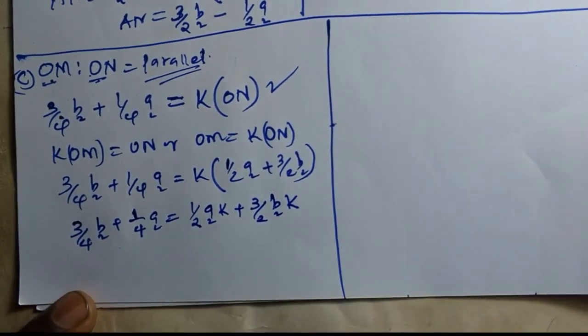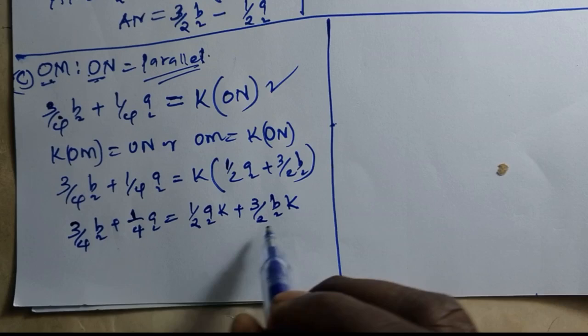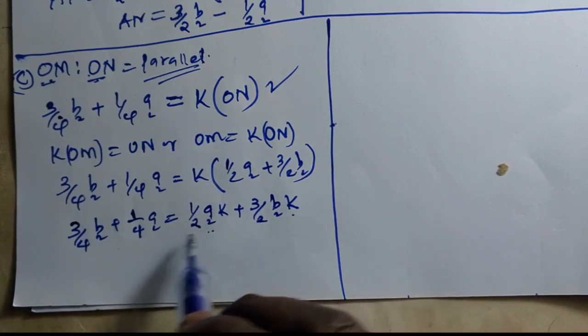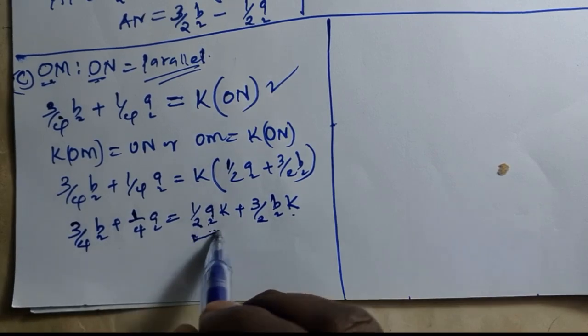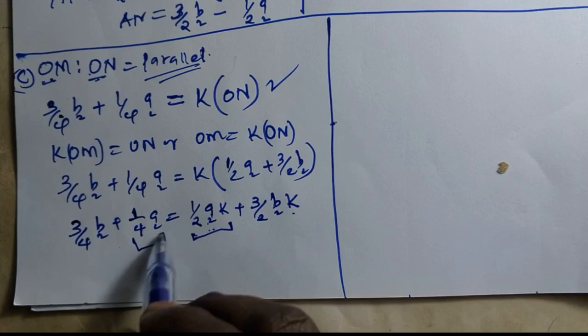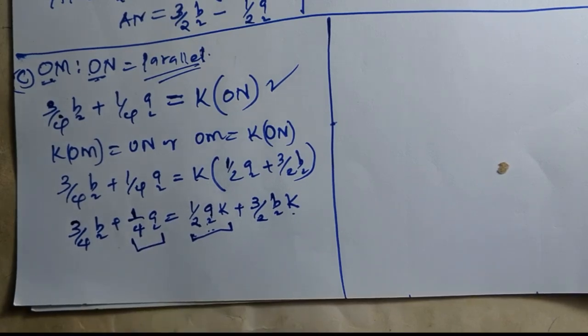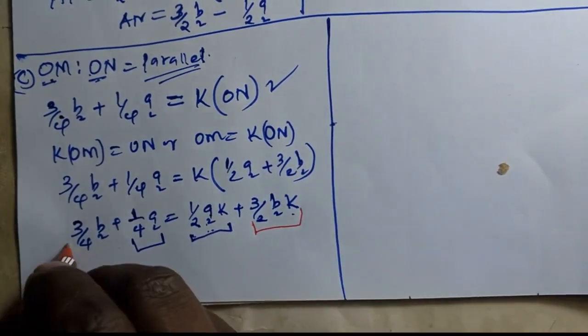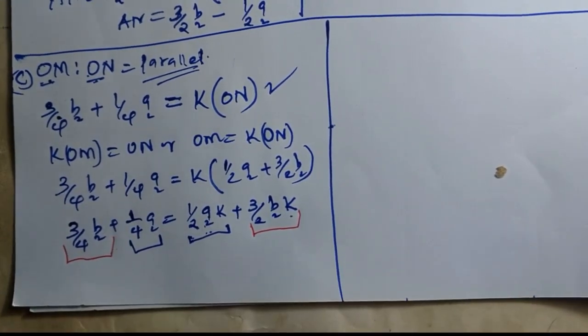So when you reach here, you compare the coefficients where we have vector A, so this one and this one are the same, and the one with B, this one and this one are the same. So we compare those ones that have the same vector, B or A.